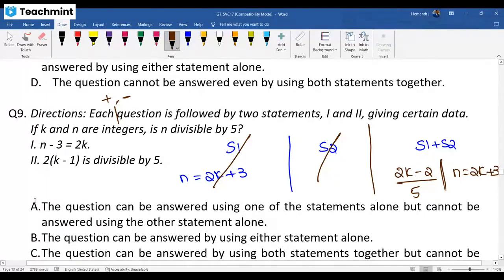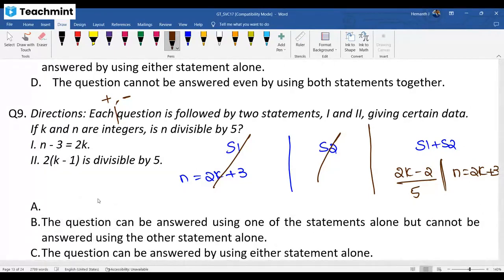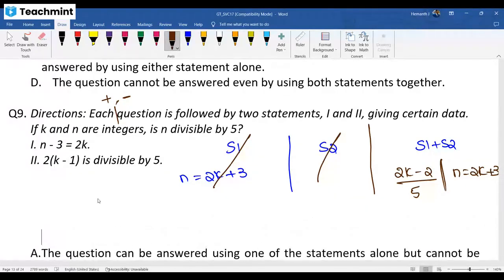Yes, obviously both together I can decide. You just observe this question, an excellent question this is also. In place of 2k, put n minus 3. Together, this is divisible by 5, so definitely n minus 5 is divisible by 5.